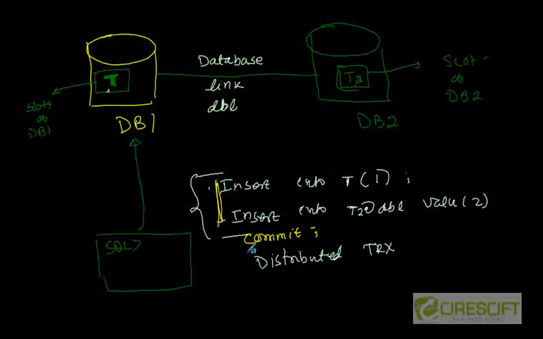That means this commit is a little different from the commit we do in a single DB. The syntax is the same, but Oracle is going to internally implement a protocol called two-phase commit.